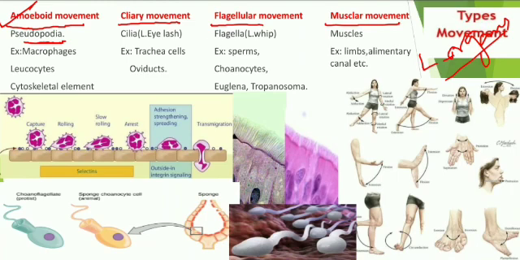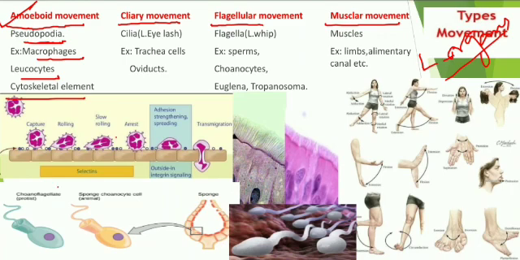But the question is, you must also notice this type of movement in human beings. Based on this, they will ask some questions in competitive examinations. Where have we seen amoeboid movement in human beings? One is macrophages, another one is leukocytes, and the third one is cytoskeletal elements.